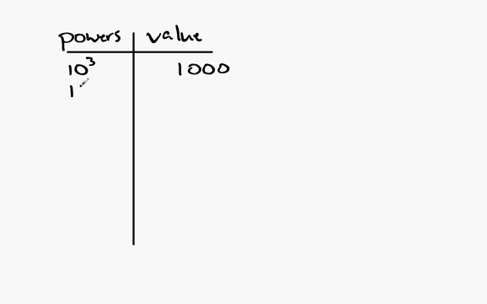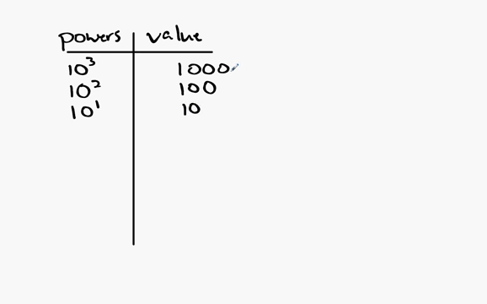If we go down the list, 10 to the second power is 10 times 10, which is 100. If we keep going, 10 to the first power is just 10, because 10 times itself one time is just 10. And we see a little pattern here.